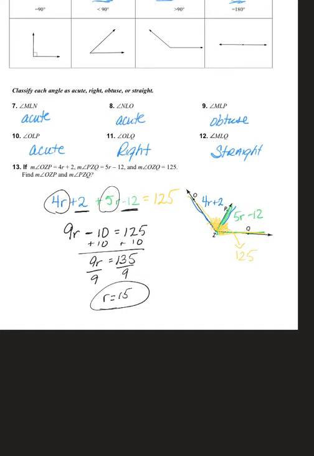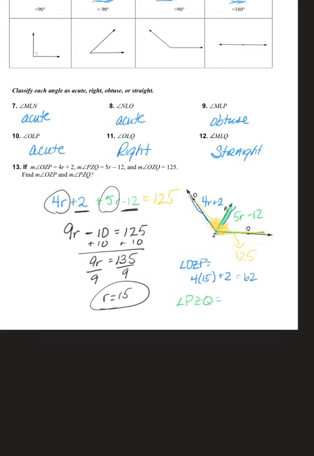So if I go to find angle OZP, I need to substitute the 15 in for that r. So we're going to have 4 times 15 plus 2, which is going to give us 62. And then we've got to find our other piece, angle PZQ.